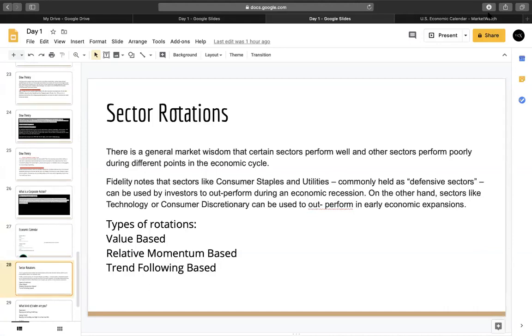What sector do you guys think is performing well right now, and what sector do you think is performing poorly? Right? Health stocks are doing pretty well. Real estate's doing bad. The travel is performing bad.